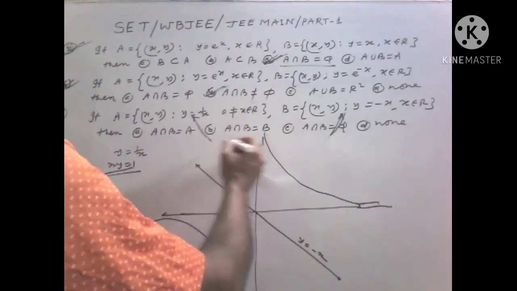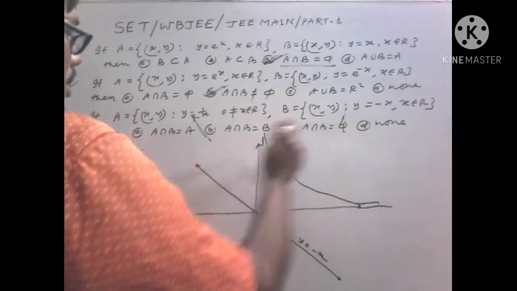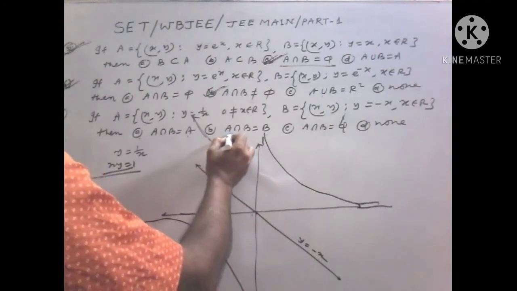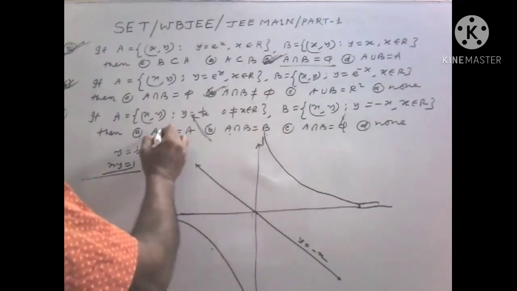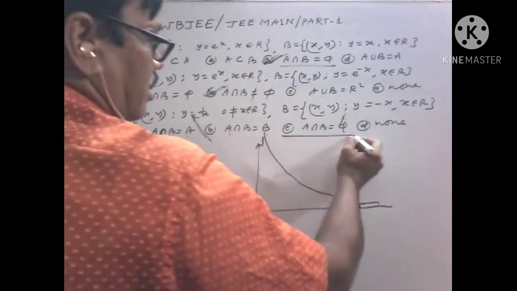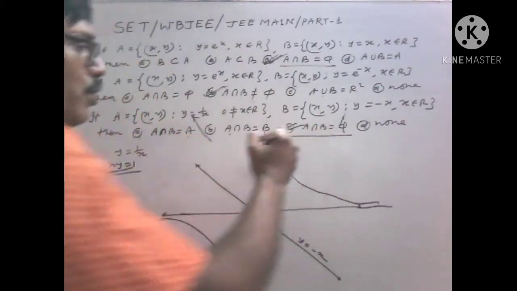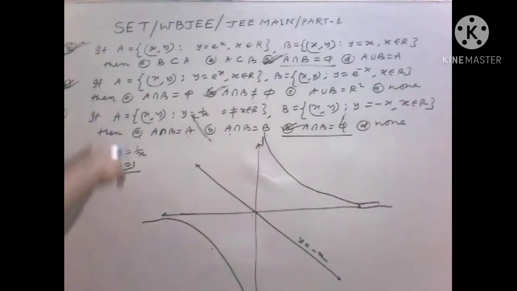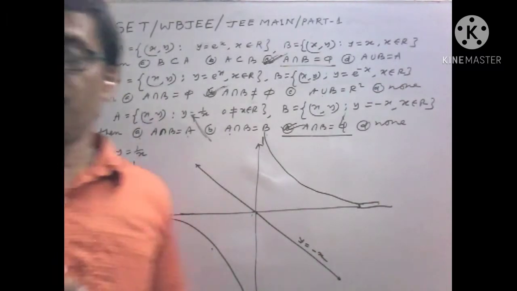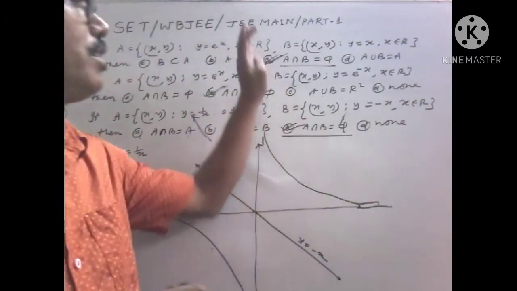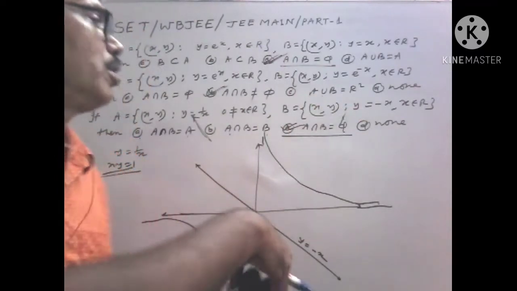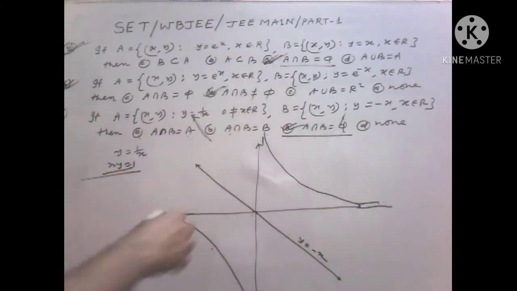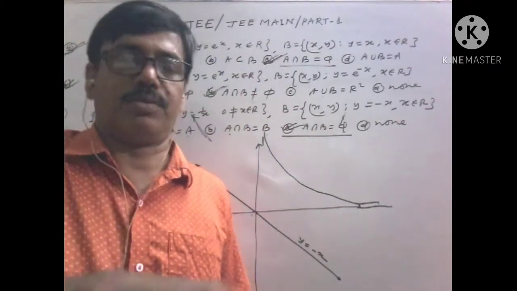So A union B is not correct, and A intersection B is not B. This is A intersection B equals phi. So C is the possible option. These are most interesting problems also. So you can solve this problem using the idea of the graph of a function.